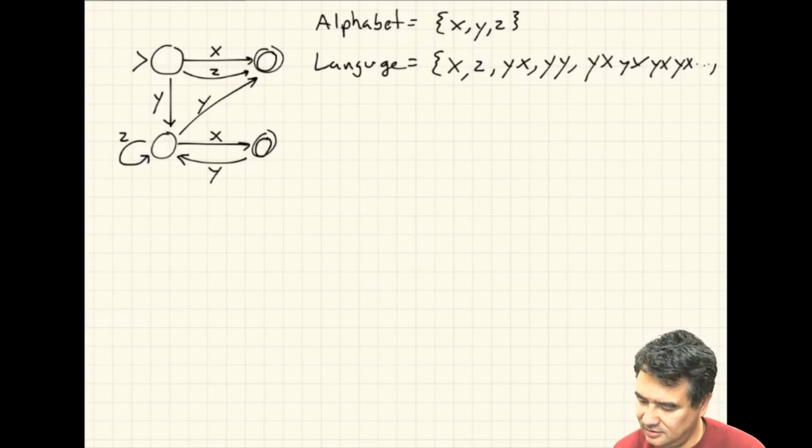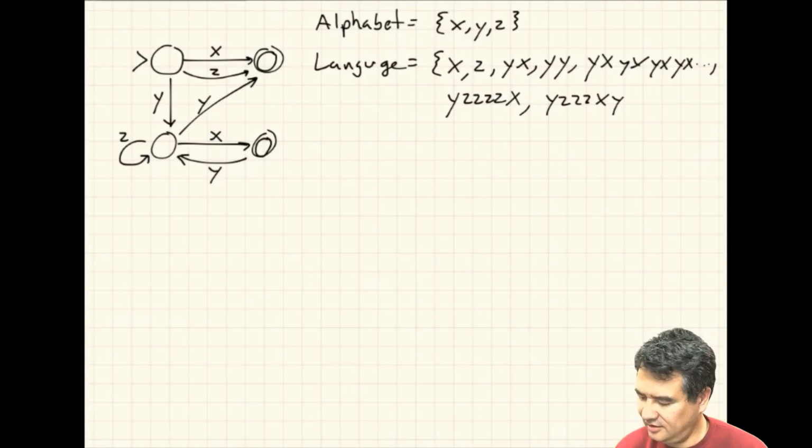Okay, what's another one? We do y, and then as many z's as we need, and then an x. So y, z, z, z, z, x. That'll do it. And here's one, y, z, z, z, x, and then y, x, y, x.